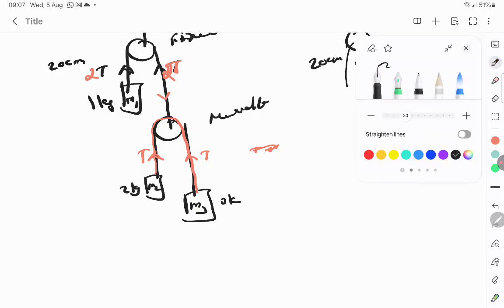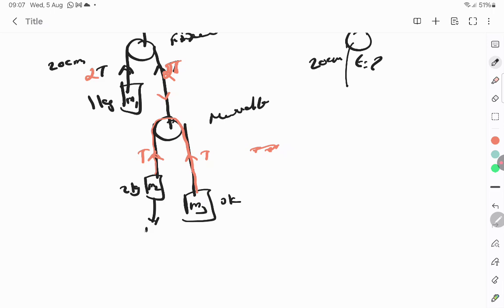Let's do a free body diagram. This is M2g, this is M3g and this is M1g, and this is going to go up. The question says clearly that this is going to go up and hit the pulley.